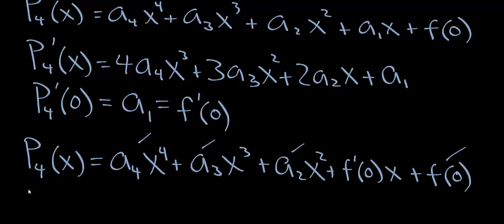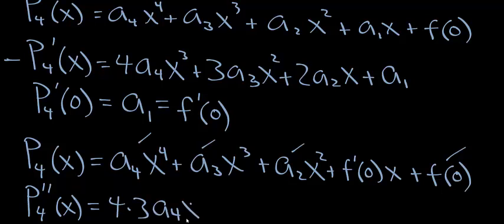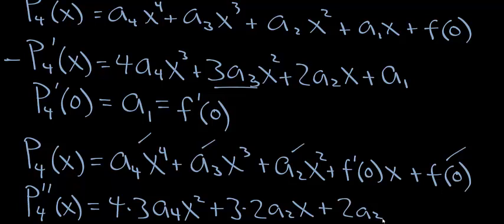Now, let's do f double prime. Okay, so I'll go back up here and I'm going to differentiate this. So I get, now look at this, look what's happening here. I get 4 times 3 a4 x squared, okay? And then look over here at this one, I get 3 times 2 a3 x. And then the next one, I get 2a2, right?